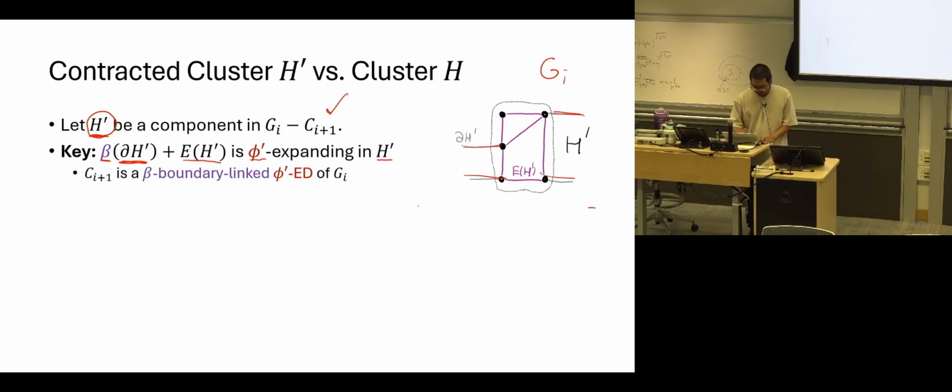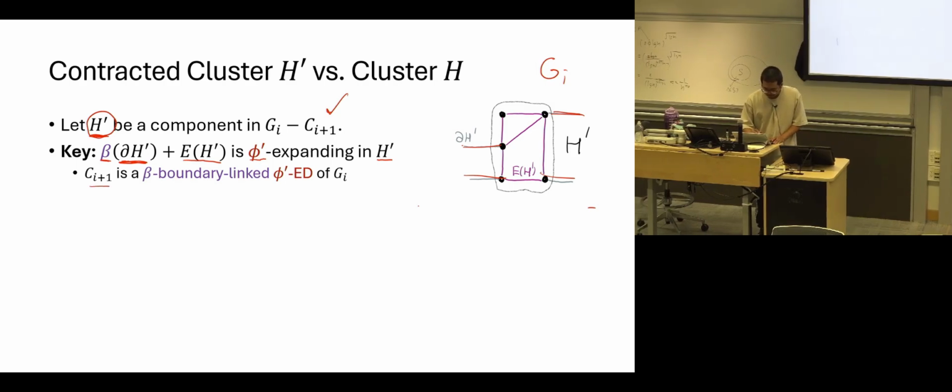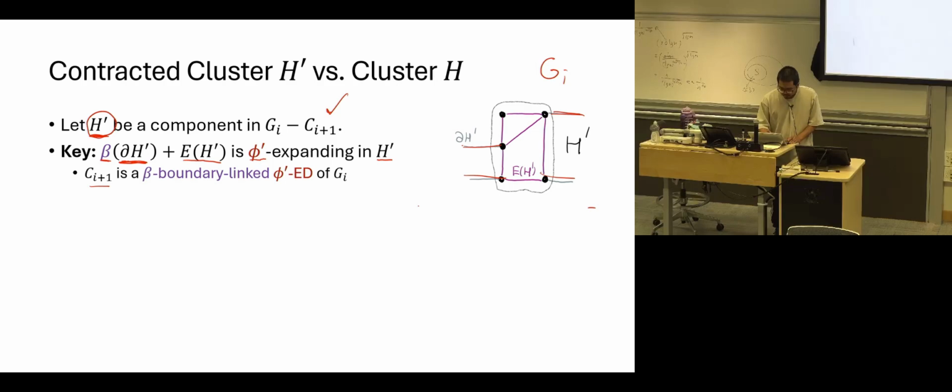Because C_{i+1} is a boundary link expander decomposition of G_i, and it is beta boundary linked.